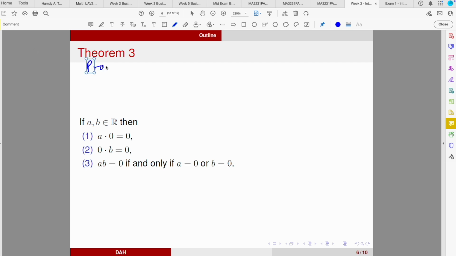Proof number 1. We start with the fact that 0 plus 0 is 0. It's empty or nothing, no number, right? Now by theorem 1, cancellation.